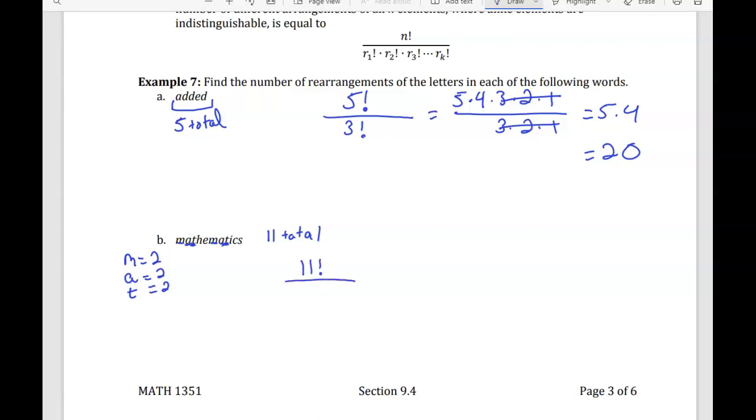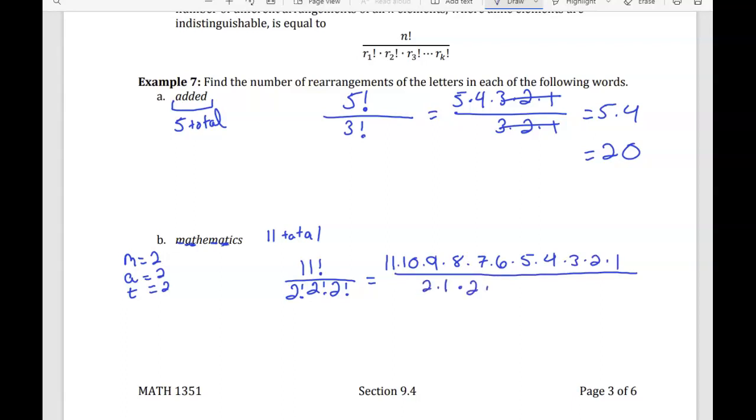So I have 11 factorial over 2 factorial times 2 factorial times 2 factorial. So I get 11, 10, 9, 8, 7, 6, 5, 4, 3, 2, and 1, divided by 2 times 1 times 2 times 1 times 2 times 1.